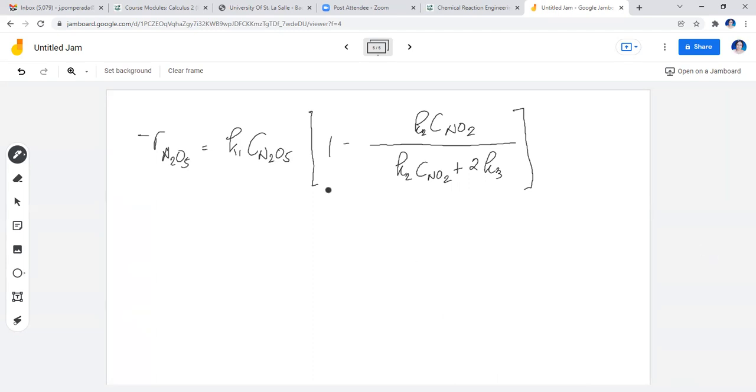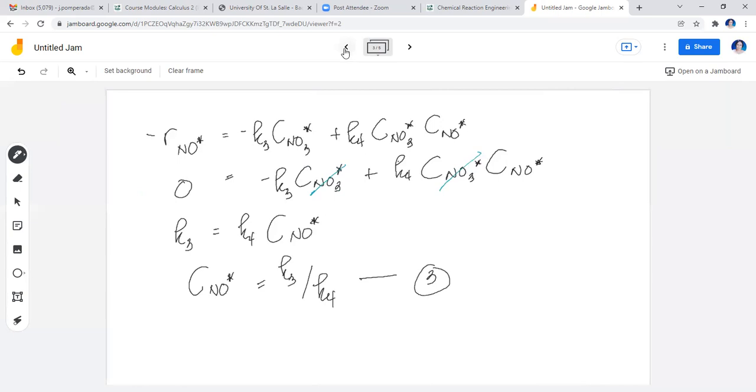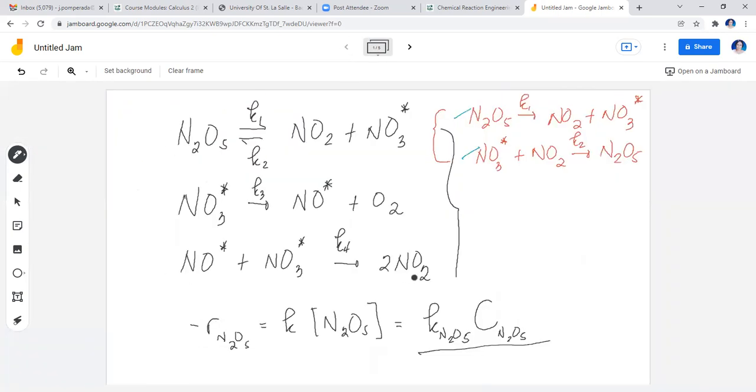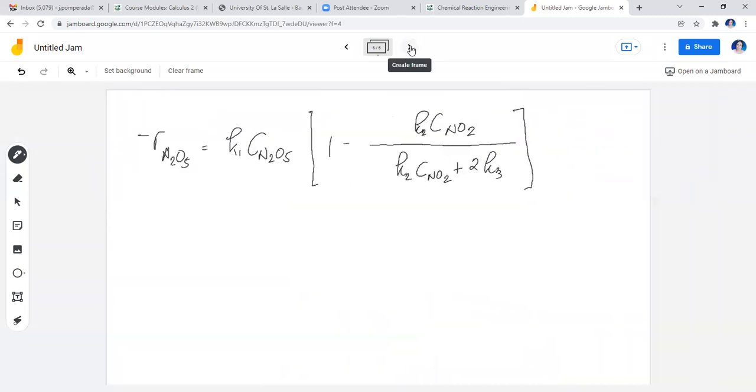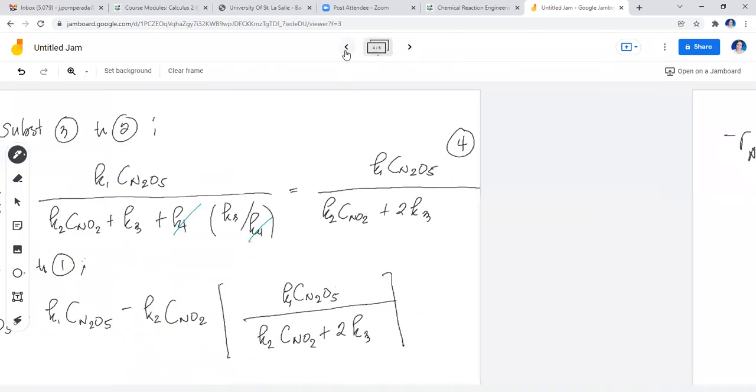Now, if you look at this particular rate expression or rate law, because it does not have any derivative, it doesn't yet look similar to the first one that we have written. It will represent a first order decomposition of dinitrogen pentoxide. So this is the part wherein you make plausible assumptions. Plausible meaning acceptable assumptions based on the mechanism of reaction.